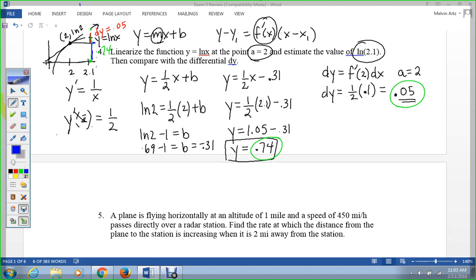So that is why these values are not equivalent, because the dy is only finding that little value up top there, where the linearization was giving us from the x-axis all the way up to the line.